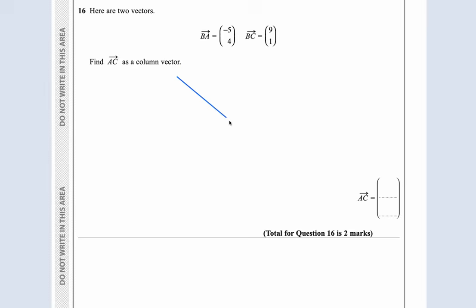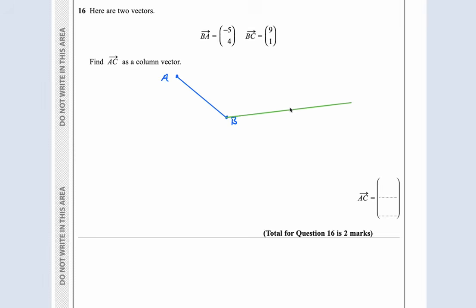Something like this. This is B, and this is A. And BC is 9, 1. So BC goes, let's just draw it like this, 9 across and 1 up.